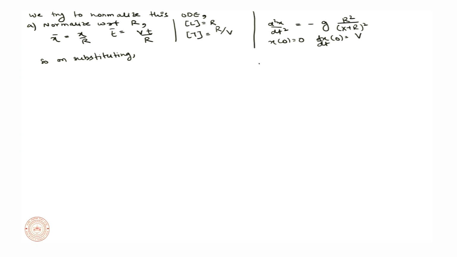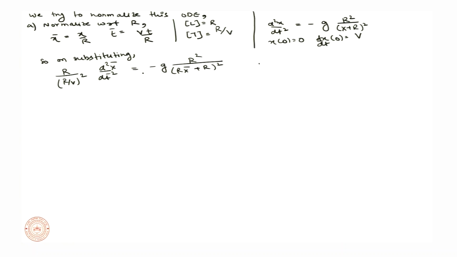maybe you give it a try first. If you have paused the video and tried it, we can quickly do this. So, this is r from this x, and then the velocity term will be v by r whole square, so d square x bar by dt bar square will be equal to minus g r square over r x bar plus r whole square.